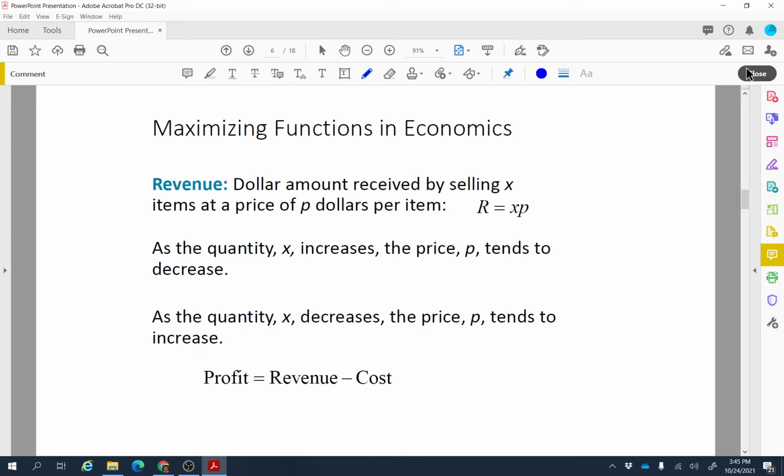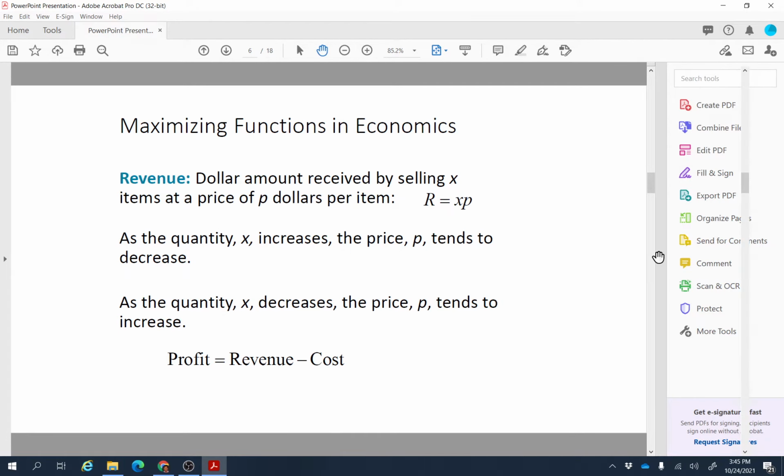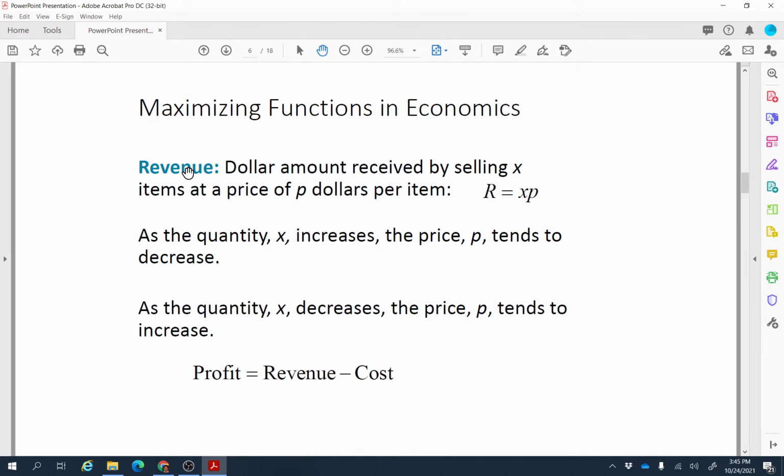Next question. Sometimes you might have to solve a business problem, maximizing a function in economics. For that you have to know at least one formula, like revenue. The dollar amount received by selling x items at a price of p dollars per item is the revenue formula.